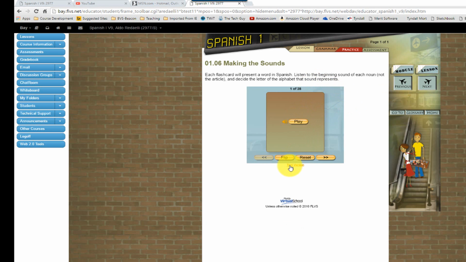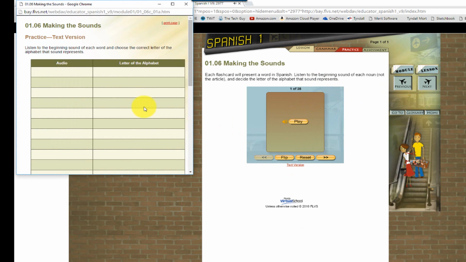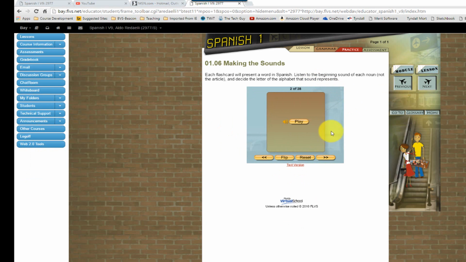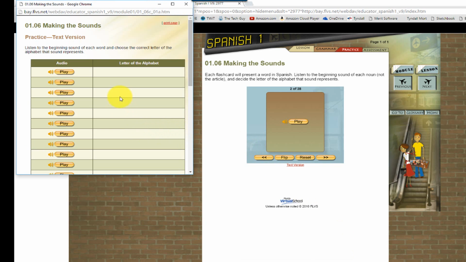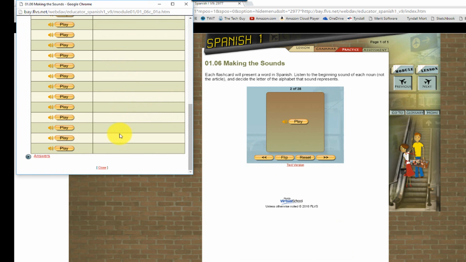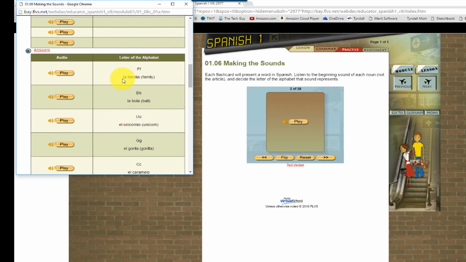Actually, this is the exercise where you don't get to see the word, I think. So it's pretty cool because you have to listen to it, and then you need to recognize what letter goes with what word. Okay, so it's a good exercise for you to do. All right, so keep that in mind and listen to the cues.